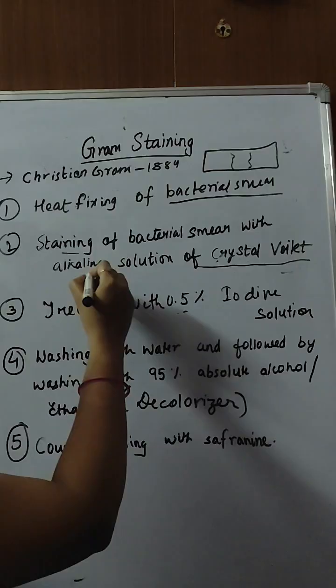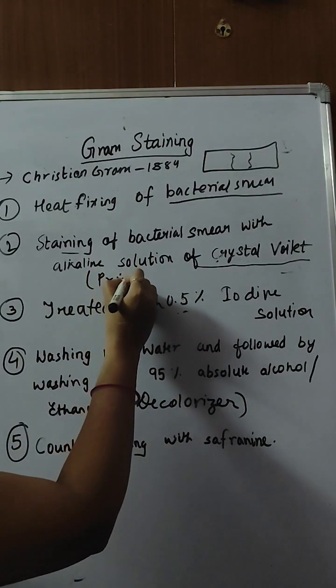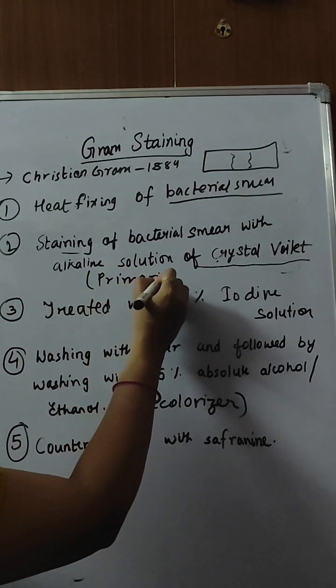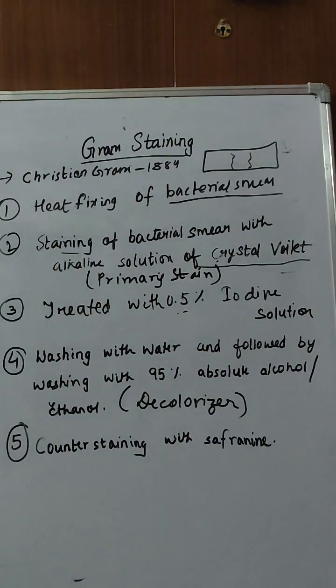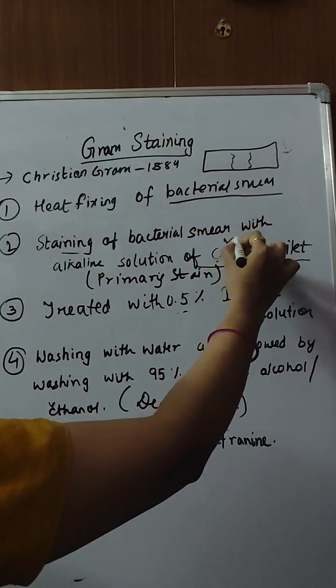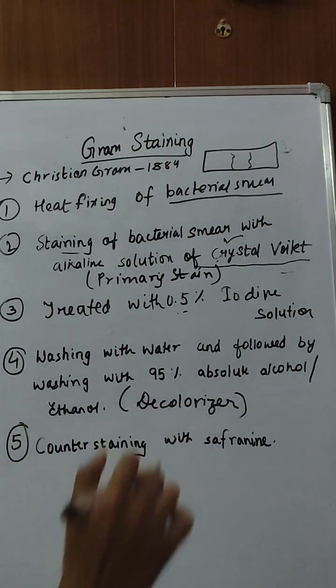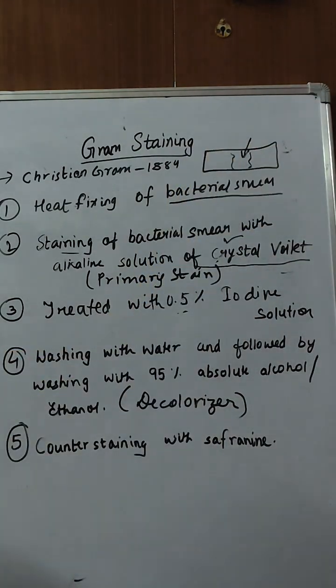Crystal violet is your primary stain. The first stain that we use on the bacterial smear is crystal violet. It will color the smear blue. Now it will appear blue in color.